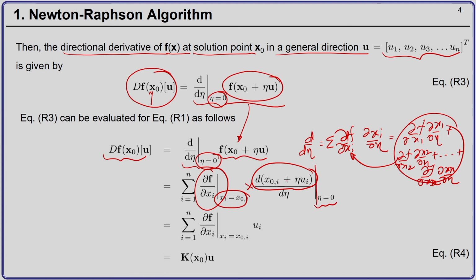Once we differentiate this with respect to eta, we get our coefficient of eta here, u I, and the term over here is nothing but the gradient of the function f with respect to x evaluated at the solution point x 0. So, the gradient of f with respect to x can be written as a matrix K evaluated at x 0 into the increment or the general direction u.